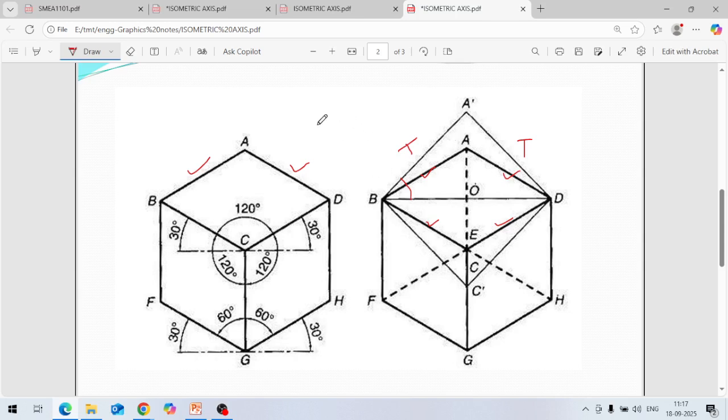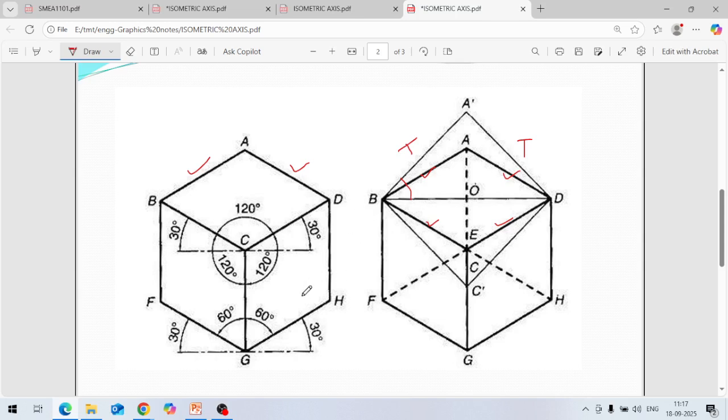This is a true square, and this, which is B, A, D and E, is an isometric square. This is a true square.